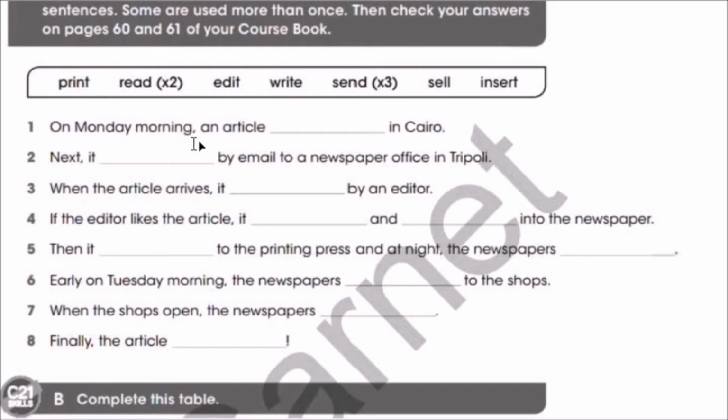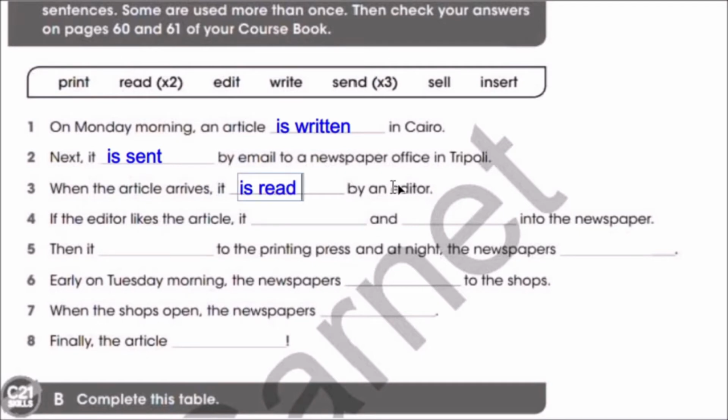On Monday morning, an article, very good, is written in Cairo. Number 2, next, it, very good, is sent by email to a newspaper office in Tripoli. When the article arrives, it, very good, is read.